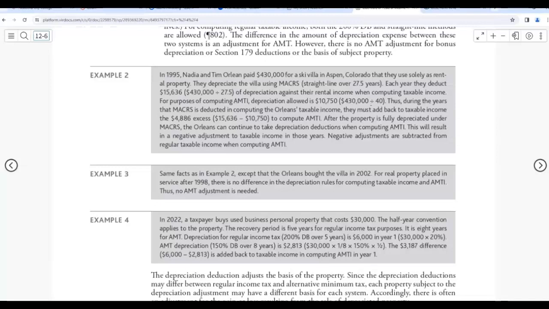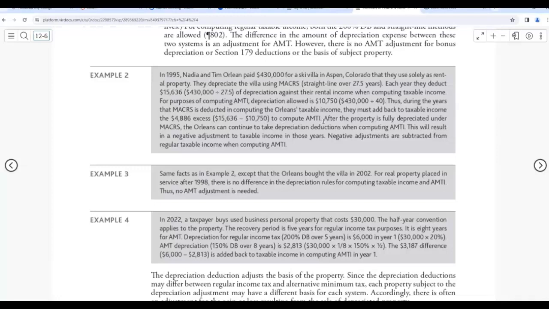They don't like 27.5. They like 40 years. So they permit you only how much? $10,750. Therefore, during the years that MACRS is deducted in computing the owner's taxable income, they must add back to taxable income $4,886 excess depreciation compared to 40 years to compute AMTI.